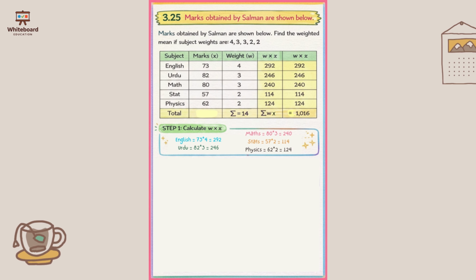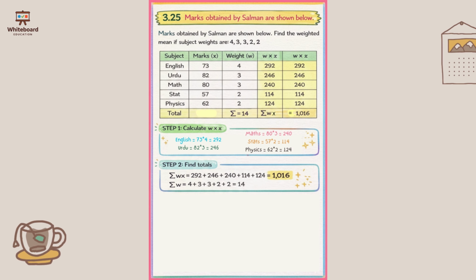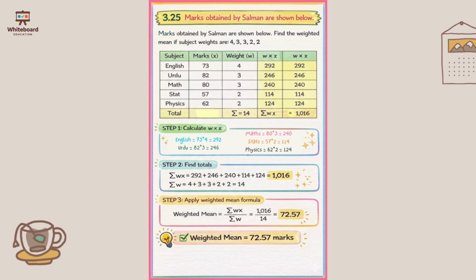Our step 1 is just to multiply weight w and the marks x of each subject. Then we take the summation of w as well as wx. Sigma wx is 1016 and sigma w is 14. Step 3. Apply the weighted mean formula. Sigma wx over sigma w is equal to 1016 over 14. And thus the weighted mean is 72.57.